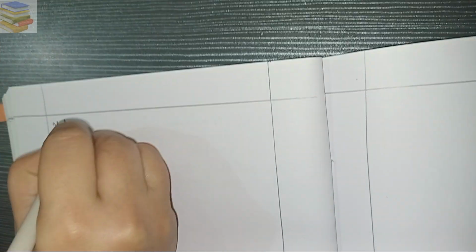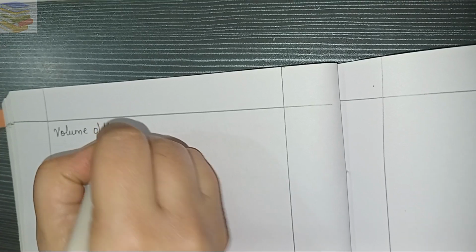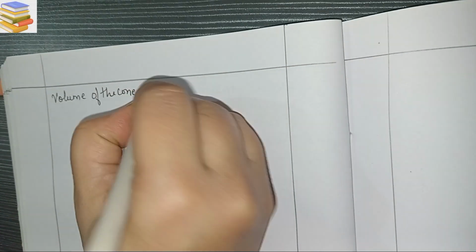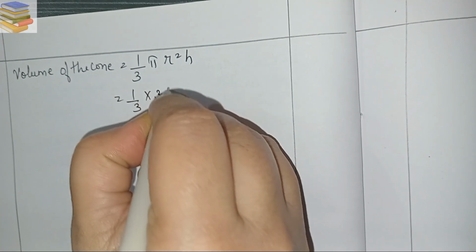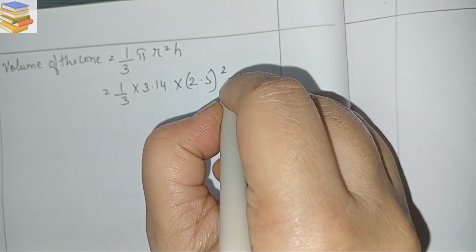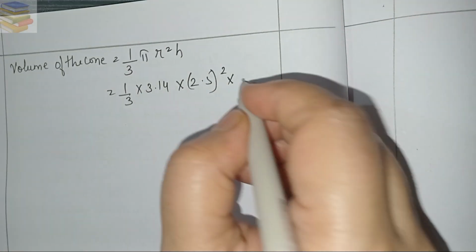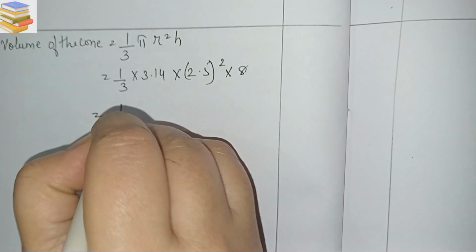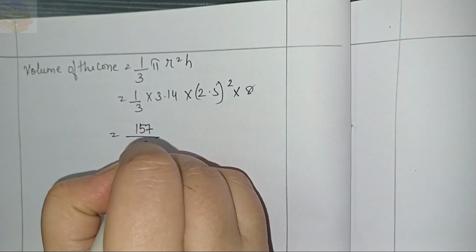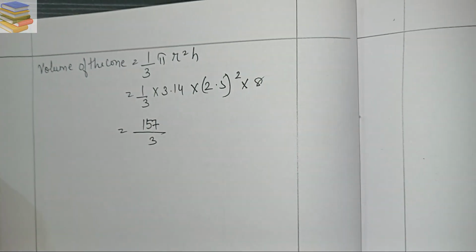Then the volume of the cone is equal to 1 over 3 pi r square h, is equal to 1 over 3 into 3.14 into 2.5 the whole square into 8, which will give you 157 over 3.